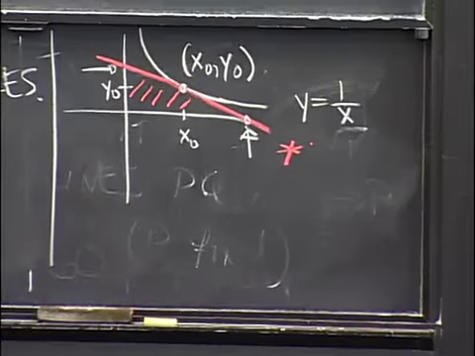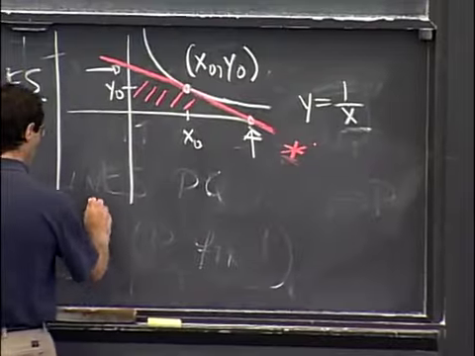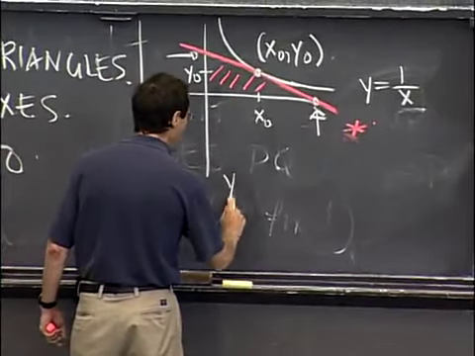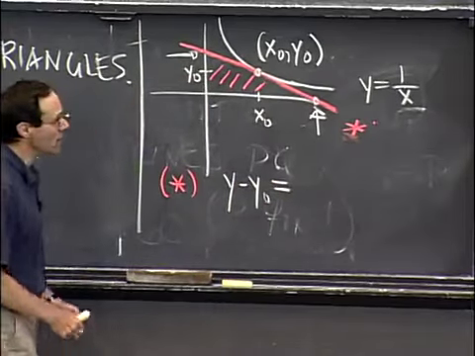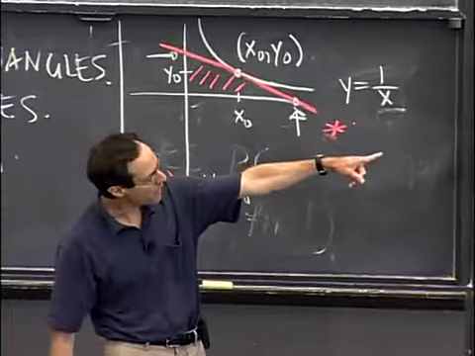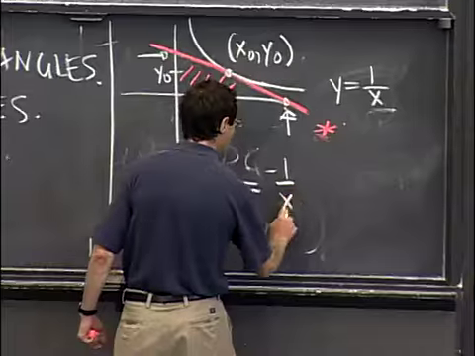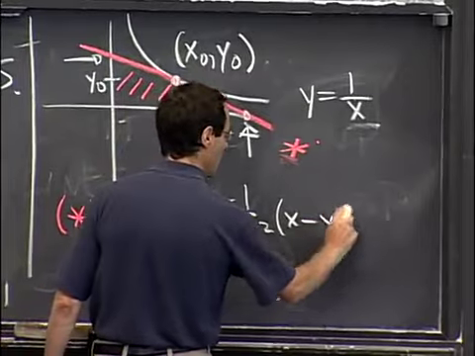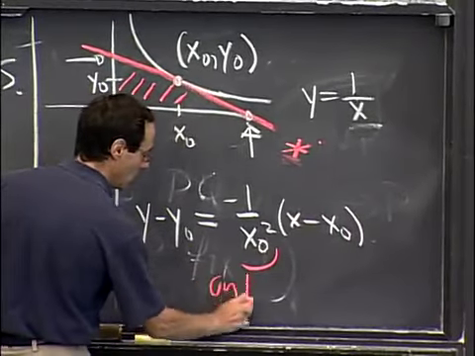It's just that slope that we need. So what's the formula for the tangent line? Put that over here. It's going to be y minus y0 is equal to, and here's the magic number. We already calculated it. It's in the box over there. It's minus 1 over x0 squared, times x minus x0. So this is the only bit of calculus in this problem.